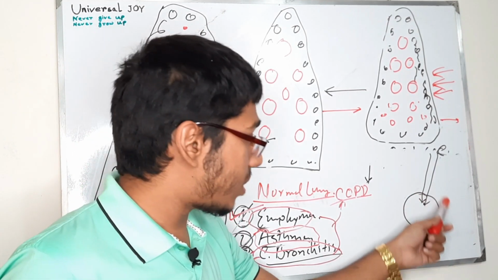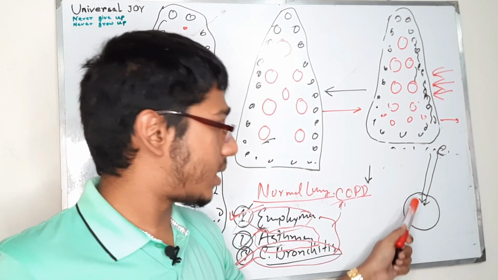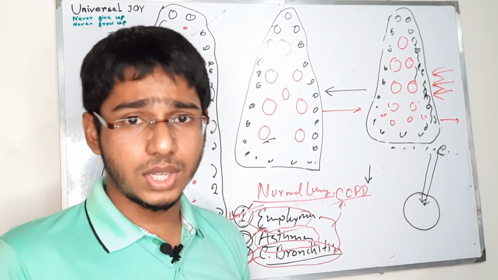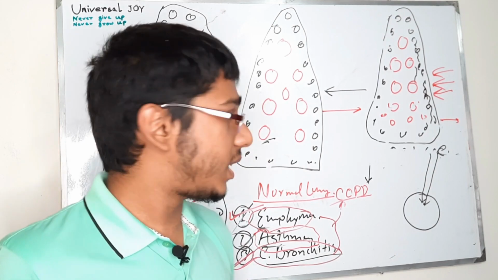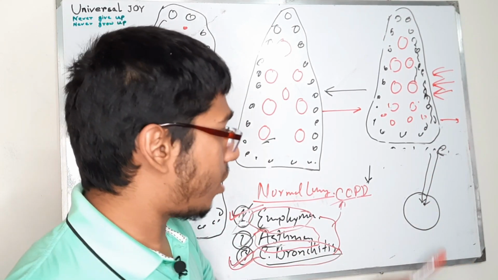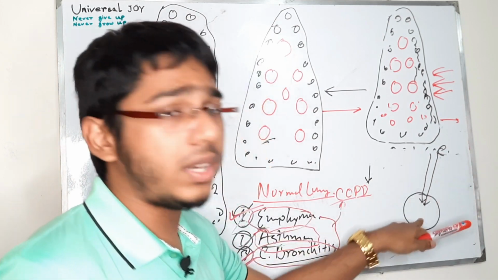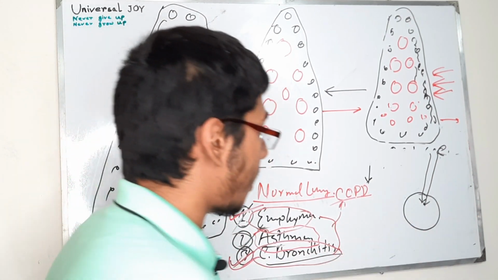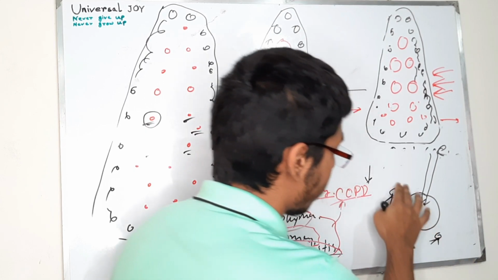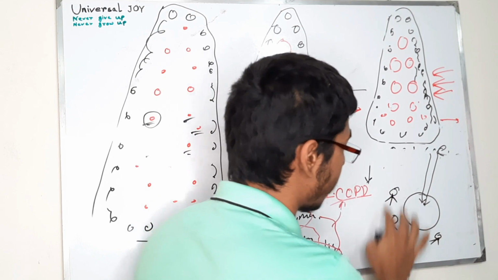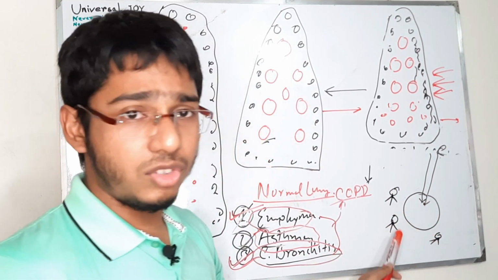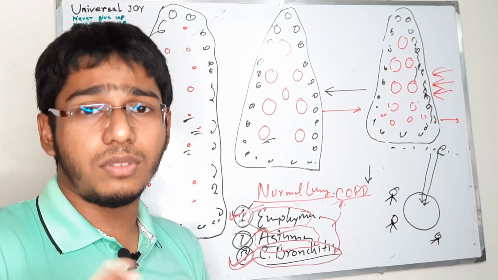So there are some macrophages surrounding this airway, surrounding this respiratory tract. There are various kinds of neutrophils and monocytes, which will be stimulated if we keep on taking in these carbonaceous particles in more and more amount. So due to the incoming of these foreign particles in heavy amount, the phagocytic cells surrounding the airway, let's suppose these are the symbols of the phagocytic cells, the macrophages, will become stimulated, and they will upgrade their phagocytosis activity.